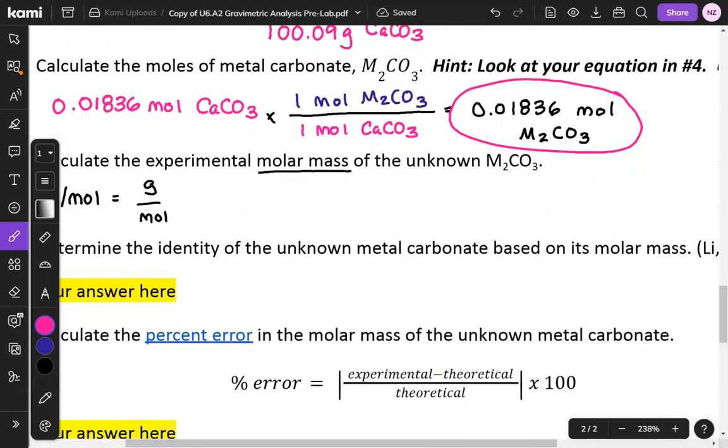So 1.972 grams of our metal divided by the number of moles that we have, which is 0.01836. So I'm going to go ahead and divide here. And I get 107.4 grams per mole.